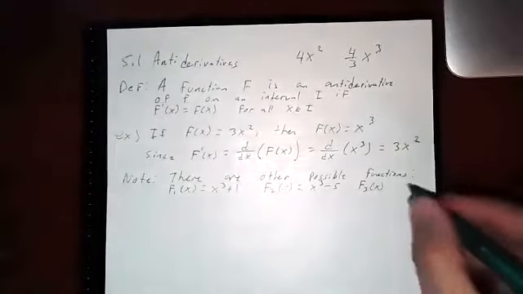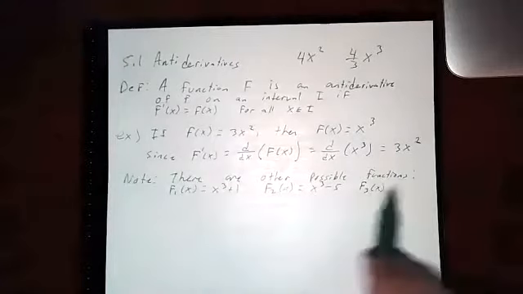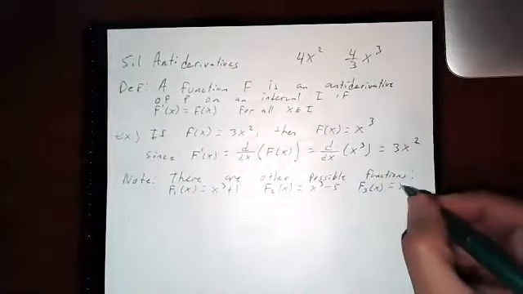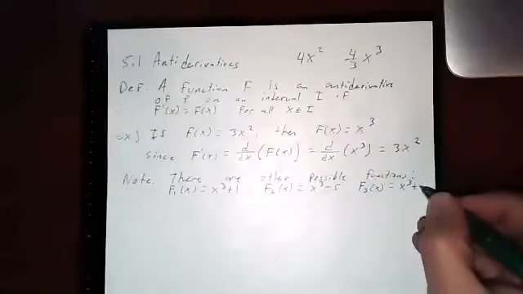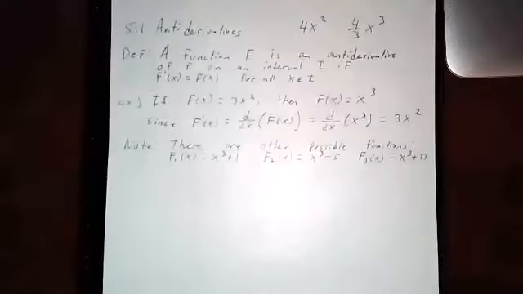What would happen if you took the derivative of each of these? You would still get this, wouldn't you? f1, f2, f3: x cubed minus 5, 1 plus pi. What is the derivative of a constant? 0.